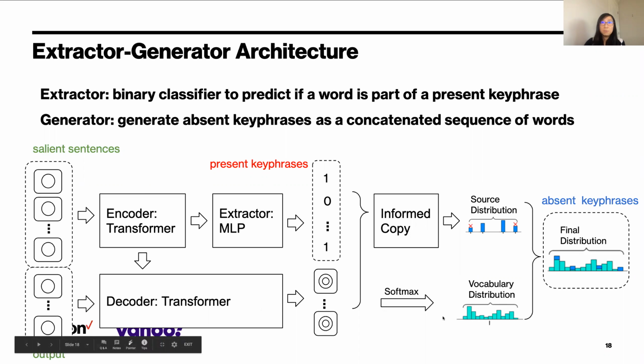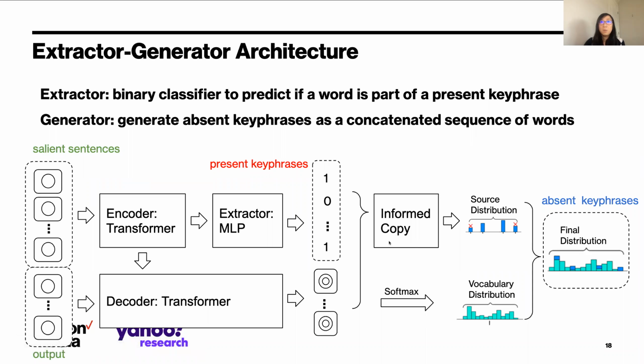In our approach, we're also adopting a copy mechanism to deal with out of vocabulary words. But as we said, we don't want a word to be simply copied because it's part of the text. We try not to change the meaning by copying a word if it's already part of a present key phrase. So we introduce a modified version of copy called informed copy.